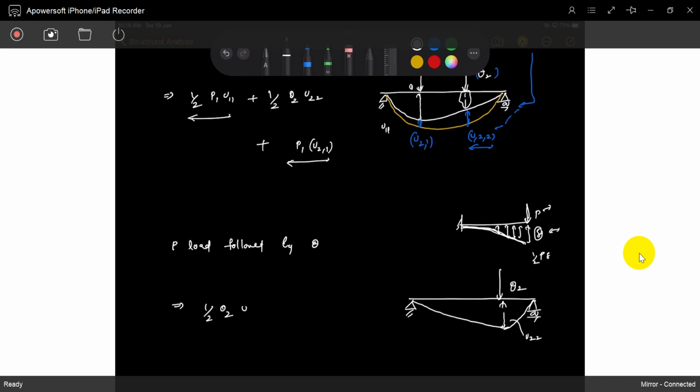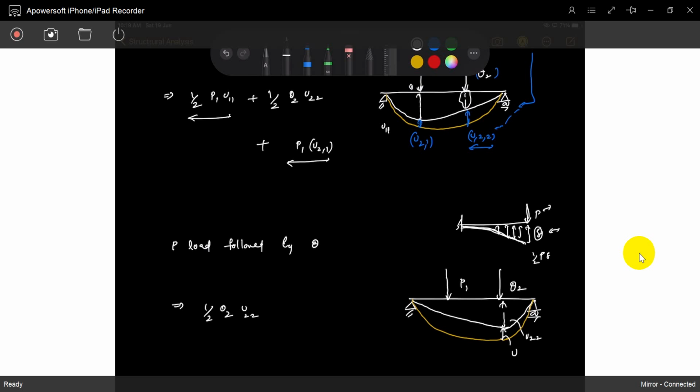Half of Q2 U22. Now apply a P load. What will happen?